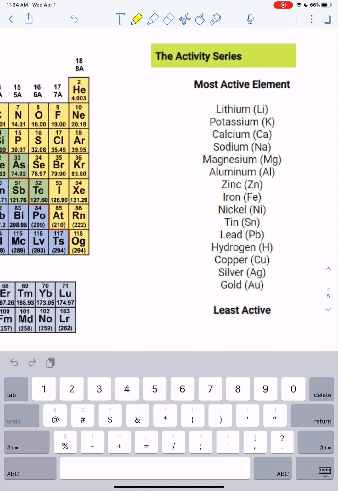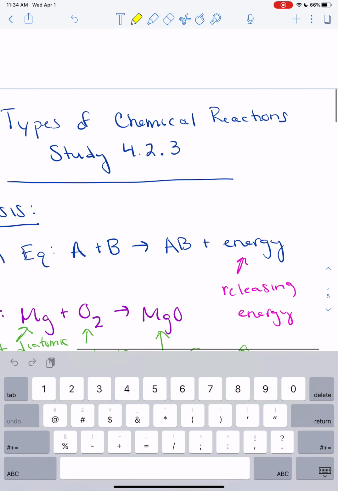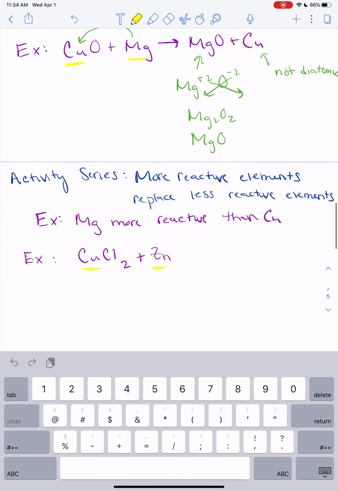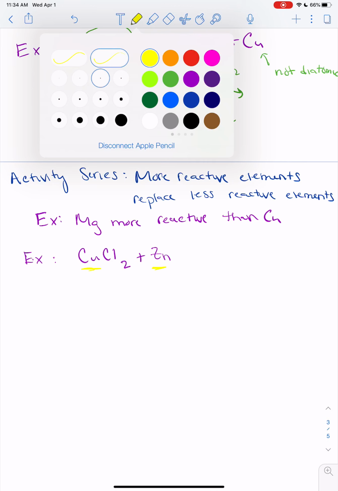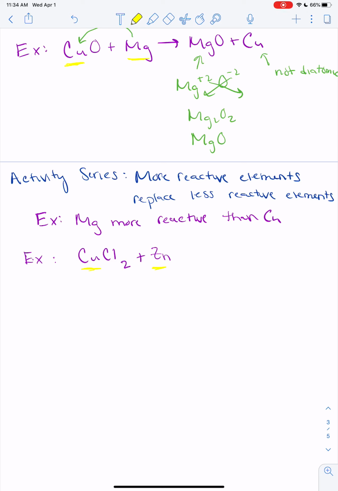Zinc is more reactive than copper, so that means it can happen. So I'm going to put a check mark, because Zn is above Cu.